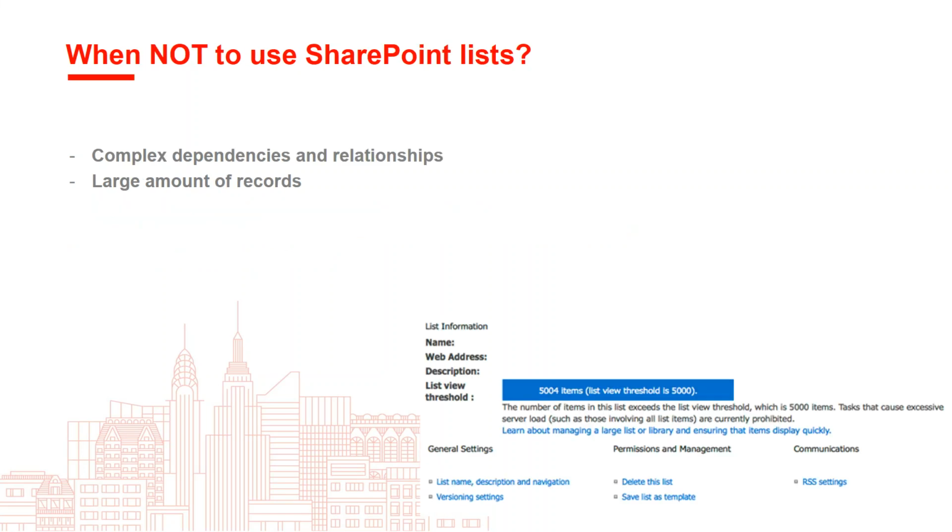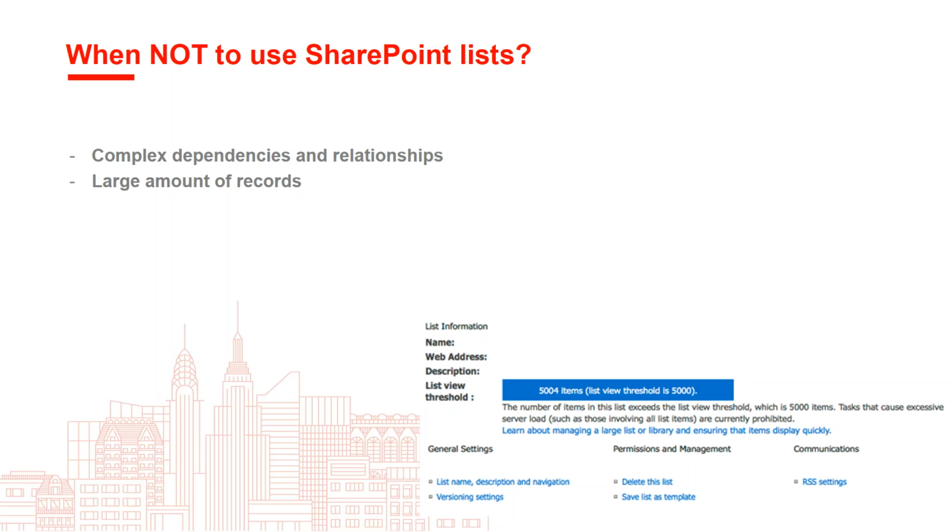Now, when not to use SharePoint: it's basically when you have highly complex dependencies or relationships, when you need a very relational structure. In that case, it's probably preferable to use a database system.